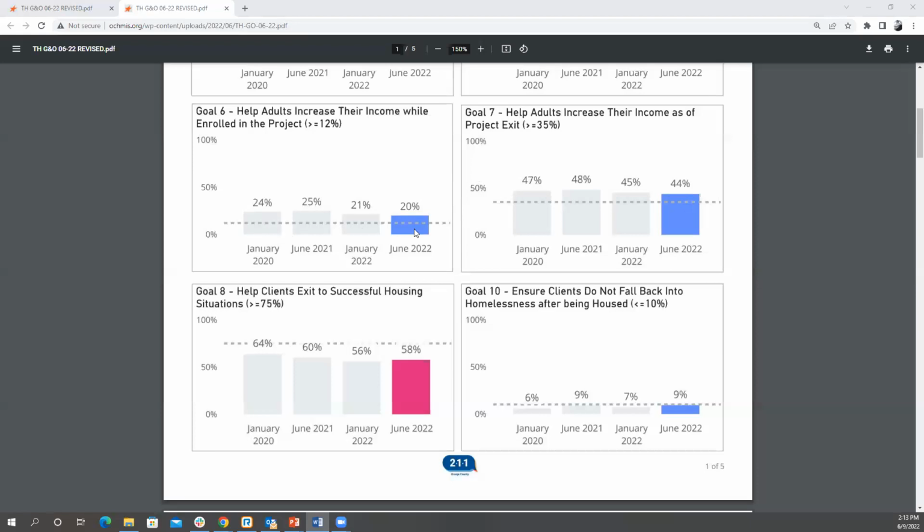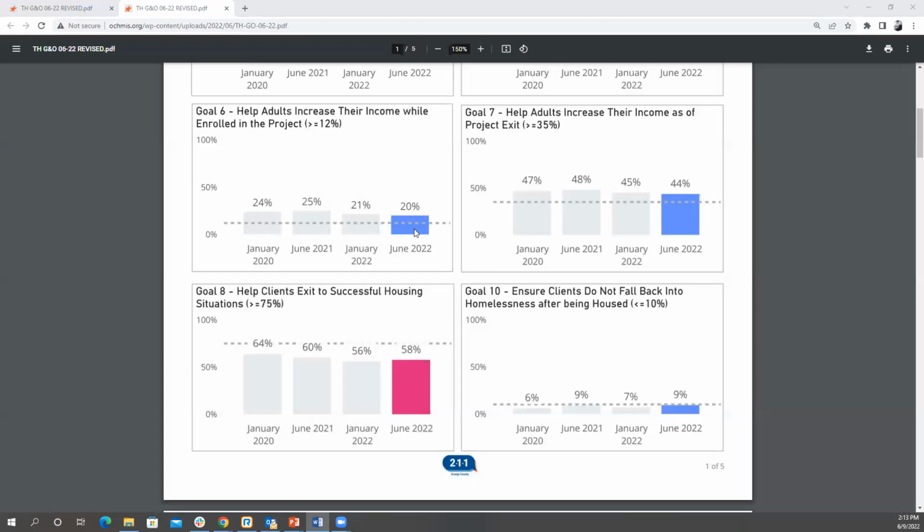I do want to point out that although we've met thresholds, I see a slight decline throughout the pandemic. So I just don't know what long-term effects that could have in the coming years. It's the only thing I want to point out. Okay.